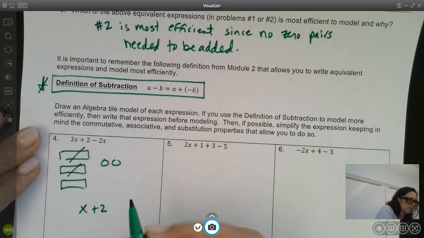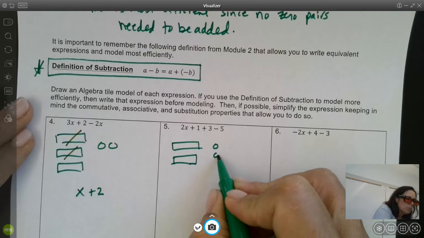Okay, this guy right here, got 2 x's, 1 positive, 3 more positives, and I need to take away 5 positives. Okay, now I could make this a plus a negative 5 and just put in 5 negative tiles. Okay, maybe that's easier. Or I could add in, I have four positives here.